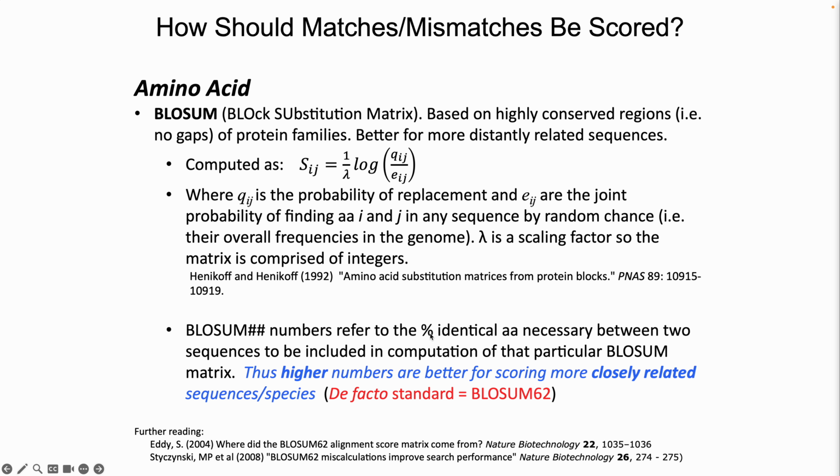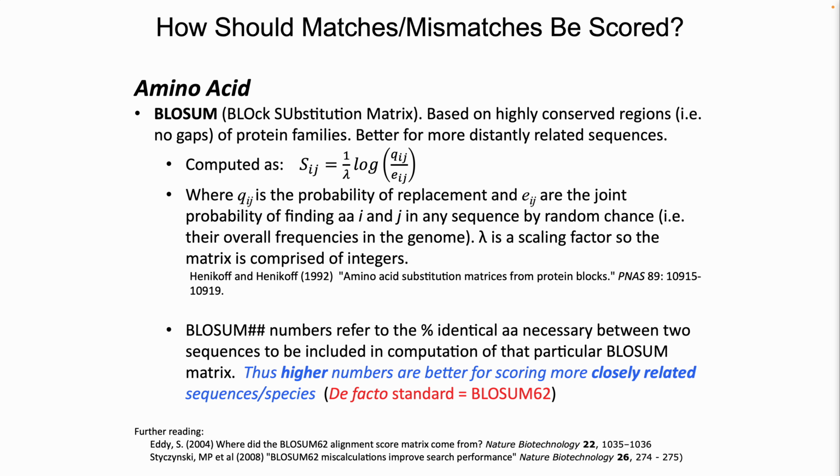So, for example, BLOSUM 62 only uses the proteins that are 62% identical to make the scoring matrix. BLOSUM 100 would be, okay, only the things that are 100% identical, now what's the scoring matrix, okay?